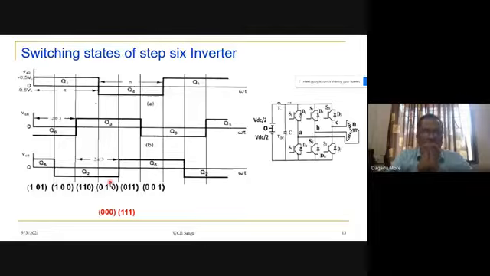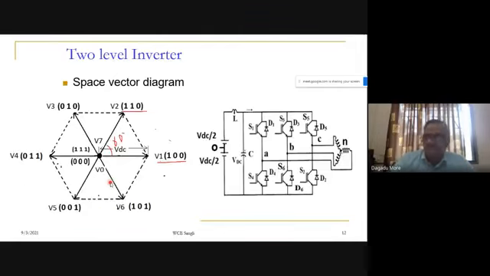The two absent states, 111 and 000, give 0 output voltage. So in 180 degrees mode of conduction, only six active states are there. Whatever we call V1, V2, V3, V4, V5, V6, these are active states, which have a magnitude.